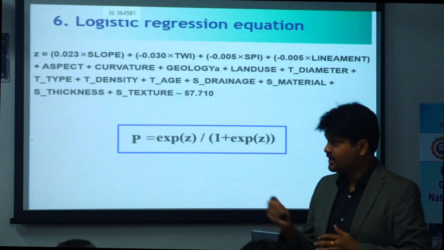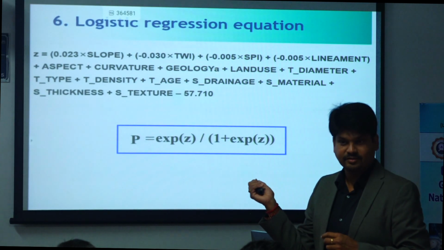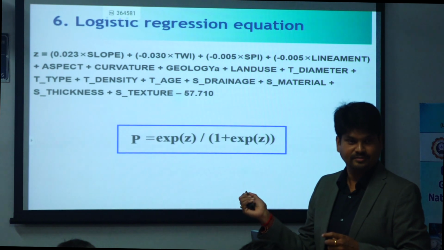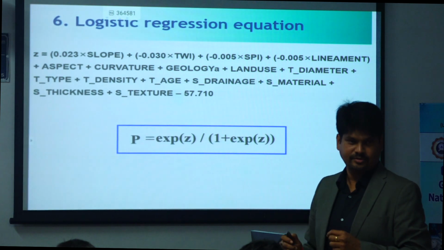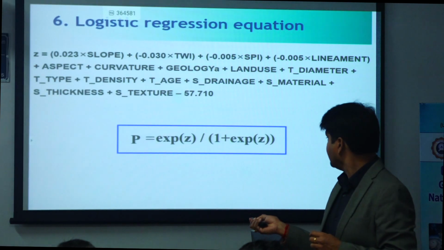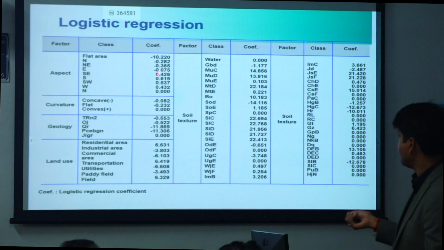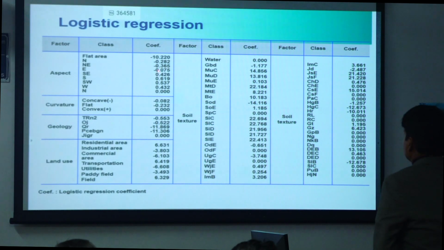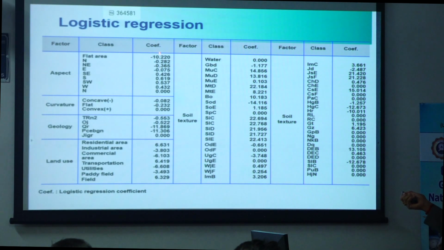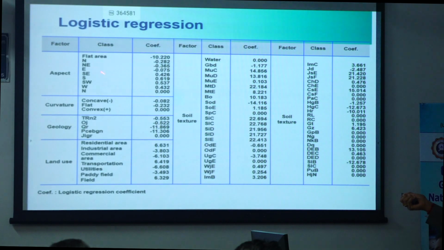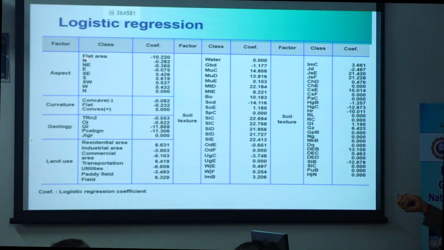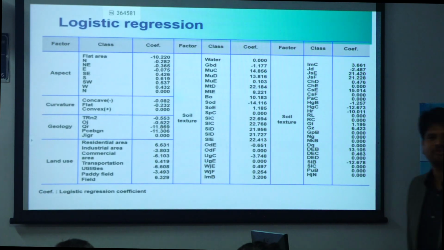Okay? In the paper you will see actually quite a lot in the logistic regression. This is how they come up with. Okay? See, I'm just showing you in a tabular format for aspect. See, for individually I told you, it gives you the coefficient value. For each class, see, flat area negative, yeah, well understood.